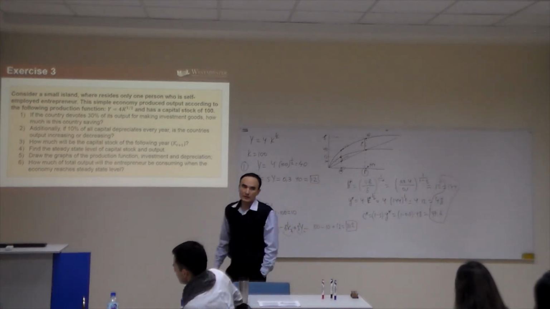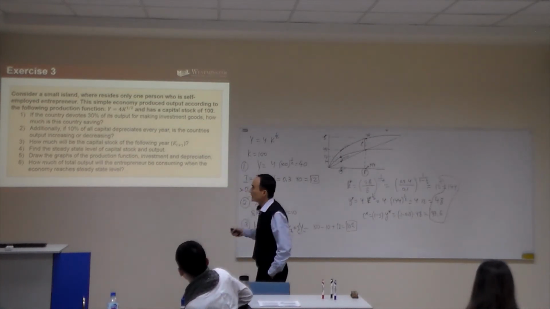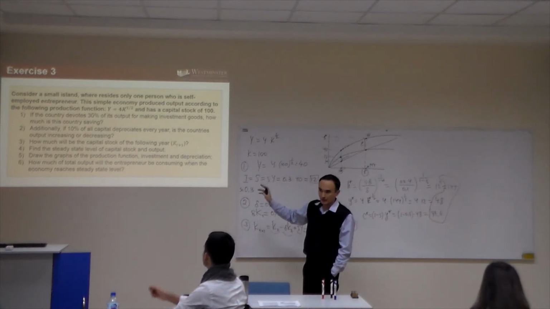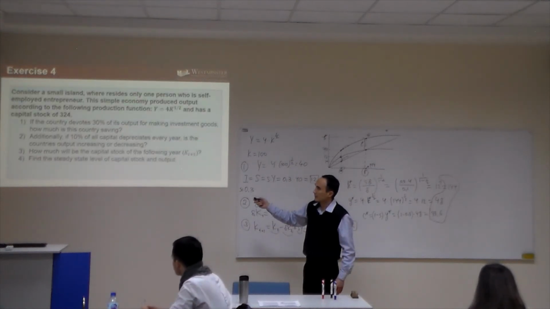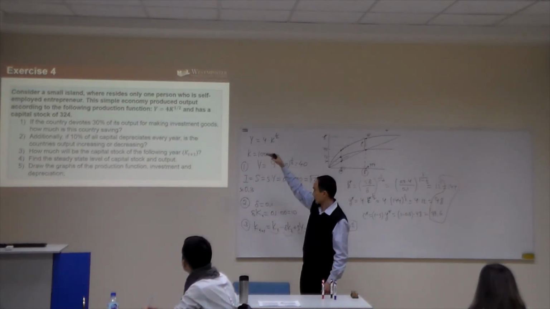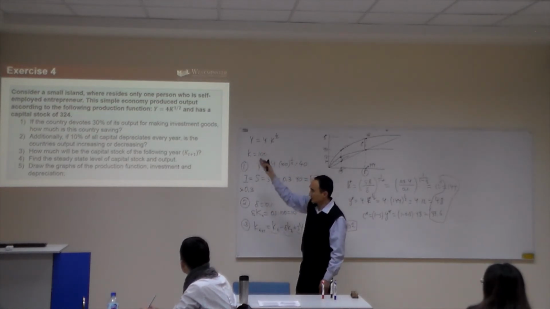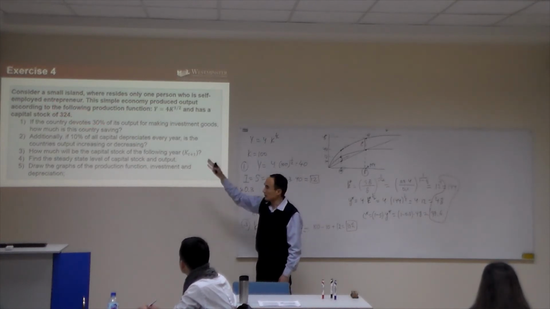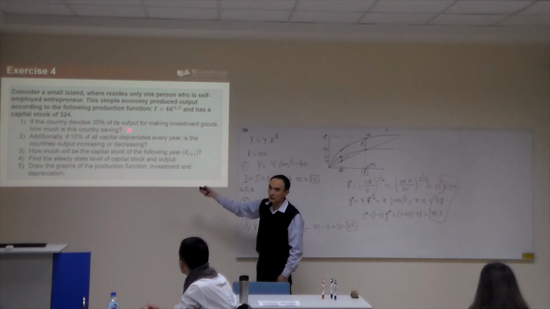Now we have exercise 4. Exercise 4 is exactly the same as exercise 3. You can see it. What I'm asking you to do is the same steps. The only difference is the capital stock. The production function of Robinson Crusoe is the same, saving rate is 30%, depreciation rate is 10%.